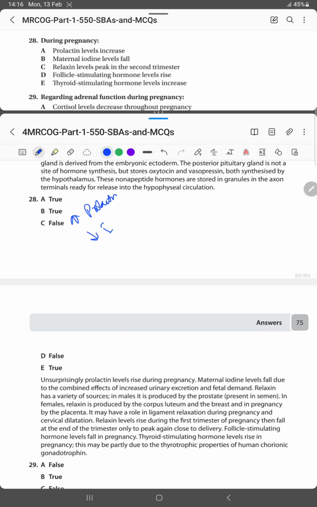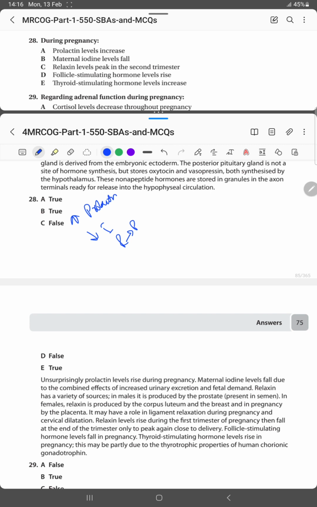And relaxin has a variety of sources. In males, it is produced by the prostate and present in the semen. In females, relaxin is produced by the corpus luteum and the breast, and in pregnancy by the placenta. It may have a role in ligament relaxation during pregnancy and cervical dilatation.